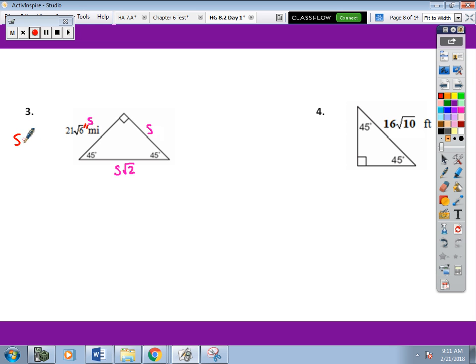So this would be S equals 21 root 6. This is the easier case. You don't have to solve for S, it's solved for. S is 21 square root of 6. So all you have to do is now plug that in for S in both parts. So this leg would also be 21 root 6 miles.